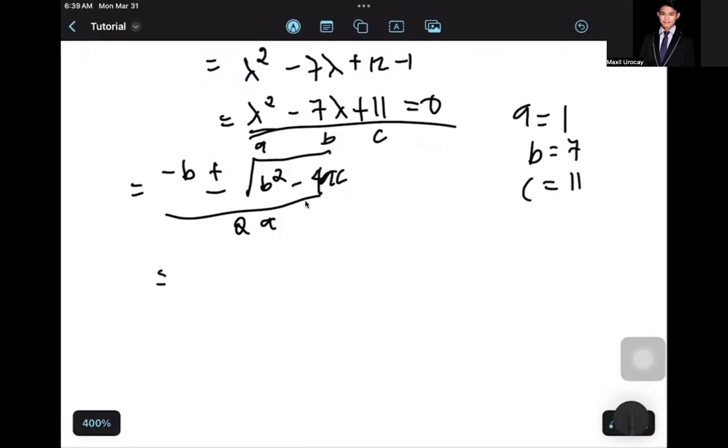Let me go step by step through the process. So this is negative b. Our b right now is negative, that is negative actually.